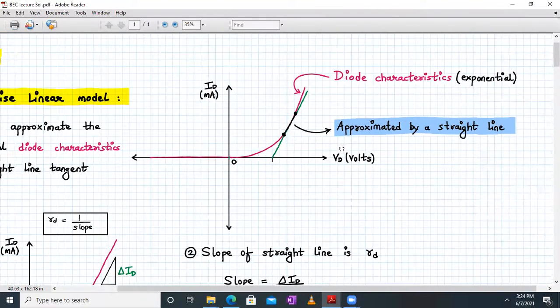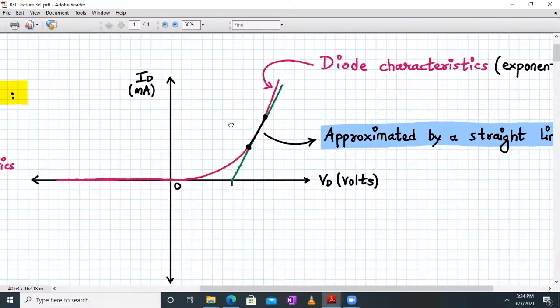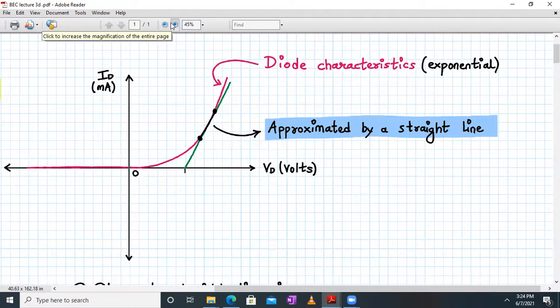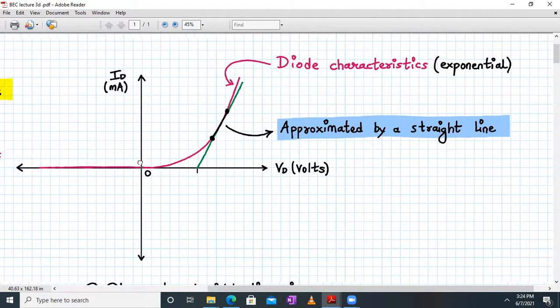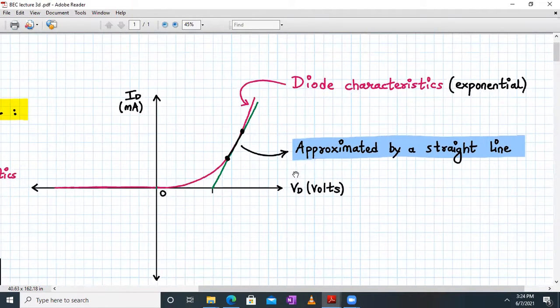So here, let us look at the graph. This dark pink color is my diode characteristics, which is exponential in nature, and this is the IV characteristics of a diode. What we do is we draw a tangent to this exponential curve and approximate it by a straight line segment.